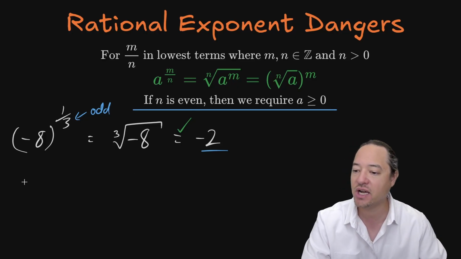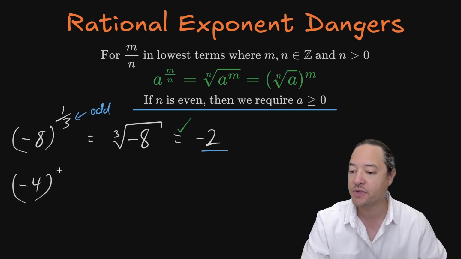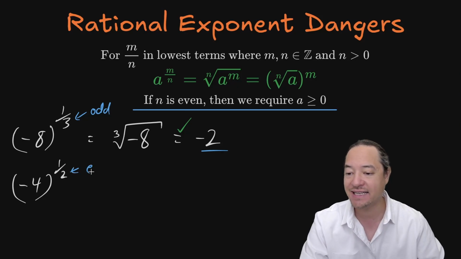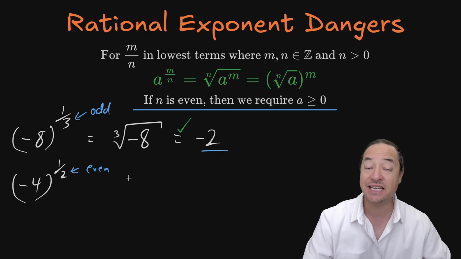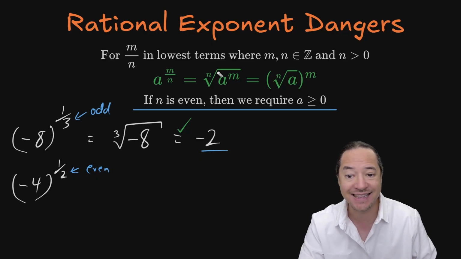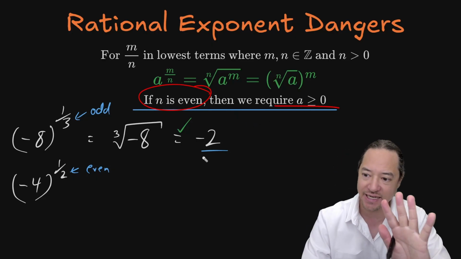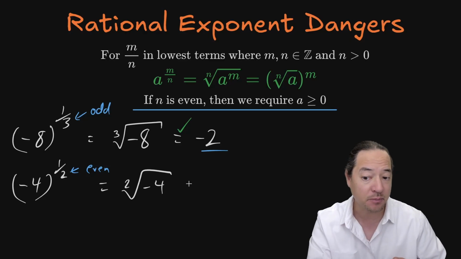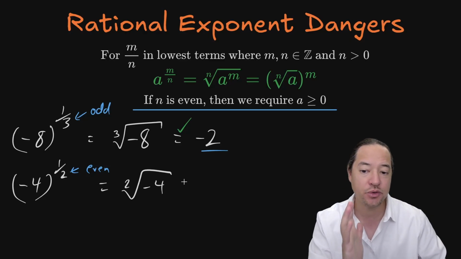But now let's try negative 4 to the power of 1/2, okay? So now we've got an even number here in the denominator of the rational exponent, and this rule is telling us that's even, we require the base to be not negative. We have a negative base. What's that going to give us? Well, that's going to give us the square root of negative 4, and that's a problem because we cannot take the square root of a negative number.